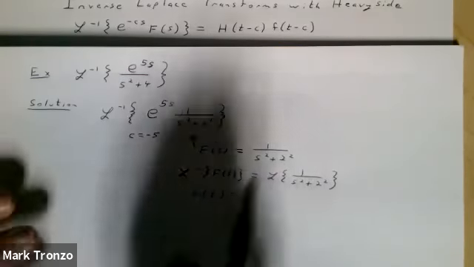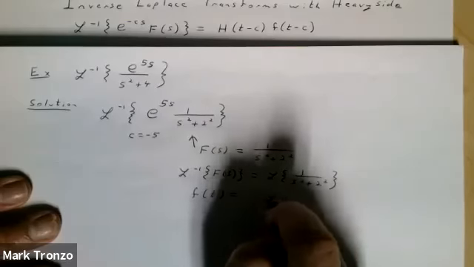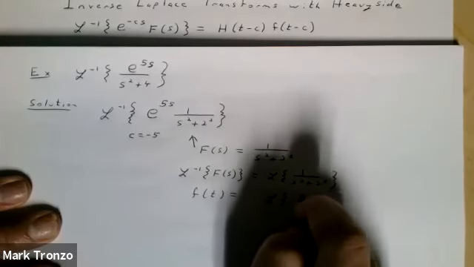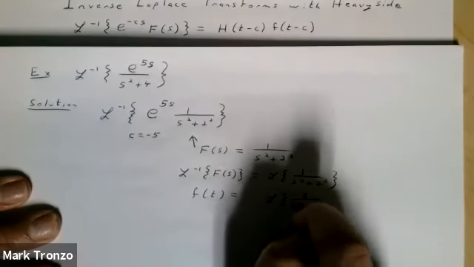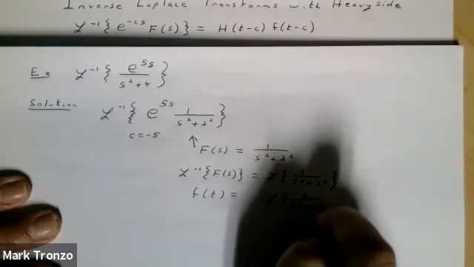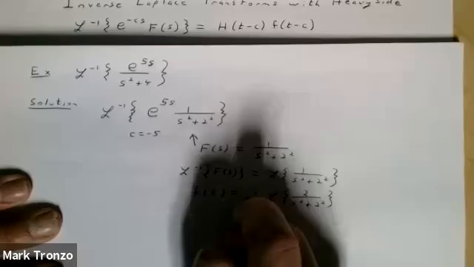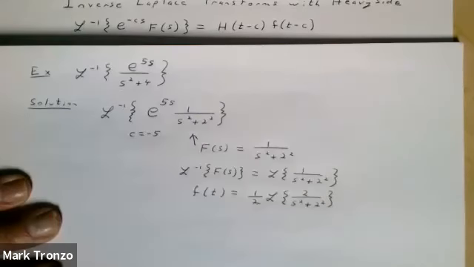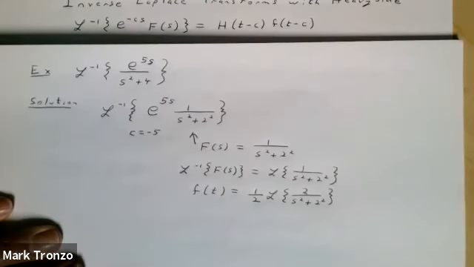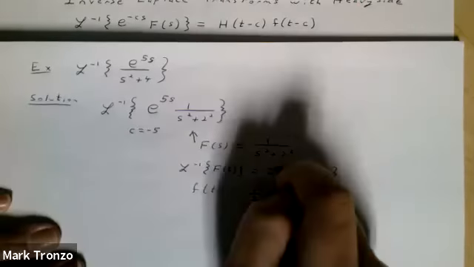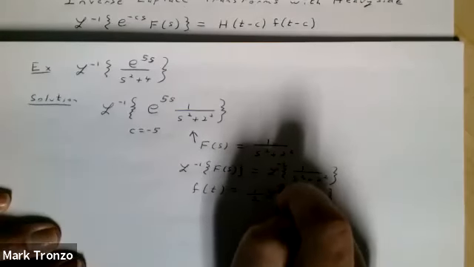So in order to get a 2 up there, we're just going to put it in. But then, of course, we have to divide by 2. Like that. I keep losing my minus ones here.